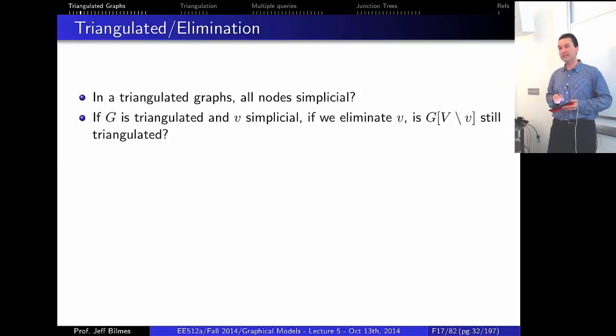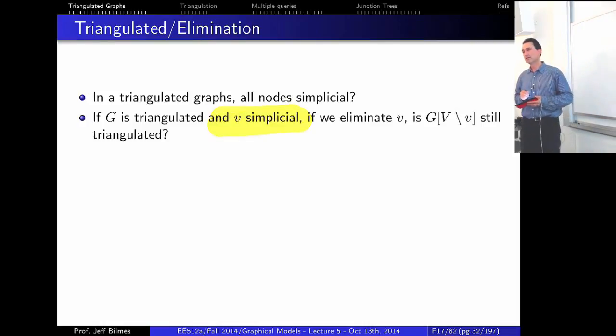If G is triangulated and V is simplicial, and we eliminate V, is the induced graph on V except for V still triangulated? No? Why not? It could be the only one that picks up... So V is simplicial. If it's simplicial, never mind, yeah.